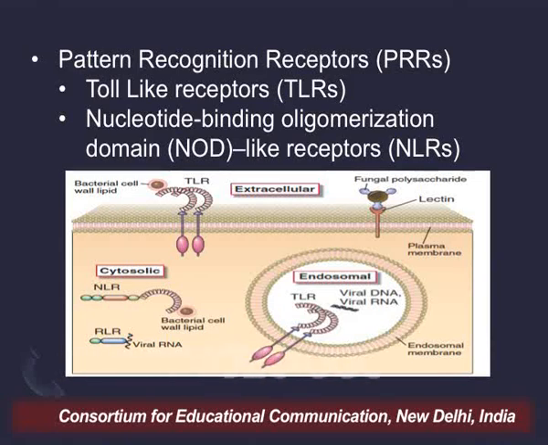And these receptors which recognize pathogen-associated molecular patterns are known as pattern recognition receptors because they recognize the molecular patterns. The most common examples of these pattern recognition receptors are toll-like receptors, known as TLRs, and these TLRs are the most extensively studied receptors. And there is another class, the nucleotide binding oligomerization domain, that is NOD-like receptors or NLRs.